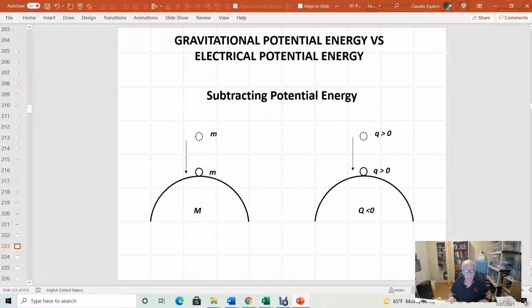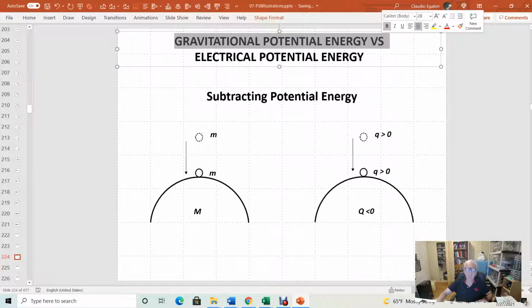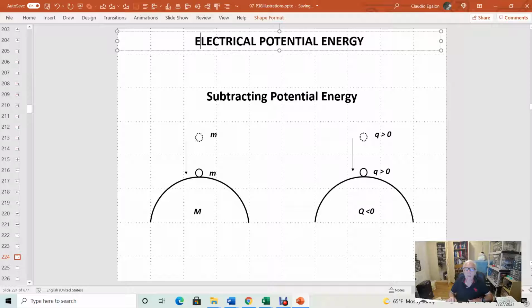We can do the same type of game for charges of same signs, but we do not have these analogous for the mass because the force is always attractive, right? So let's do that. Here you go. I'm going to do now gravitational electric potential energy for charges of same sign.